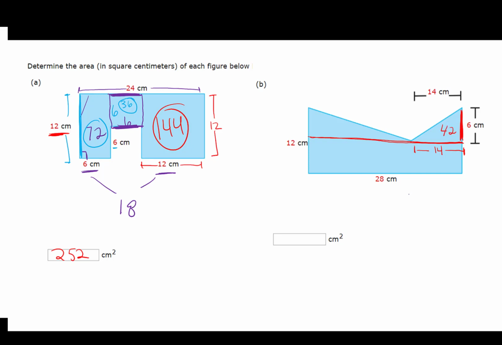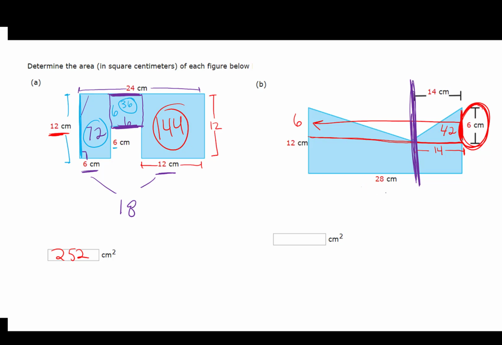If we look at the big triangle, we can also get its measurements. So if we look here, okay, this 6, this height that I'm circling in red, it is directly across from this height, and so we can assume that it is also 6. Next, right here, this is where 14 ends, and it ends right where the other triangle starts.